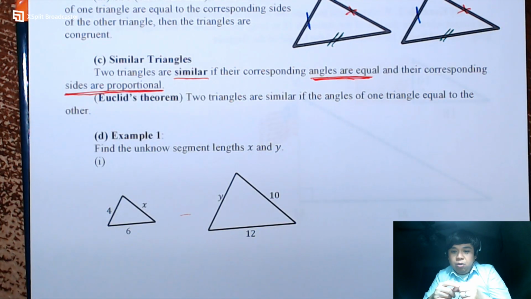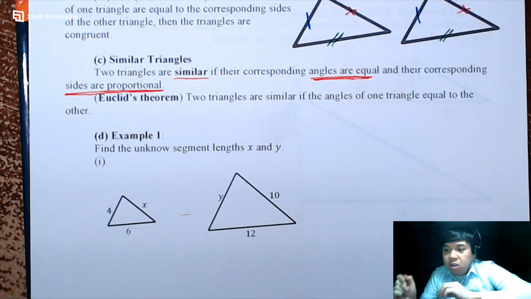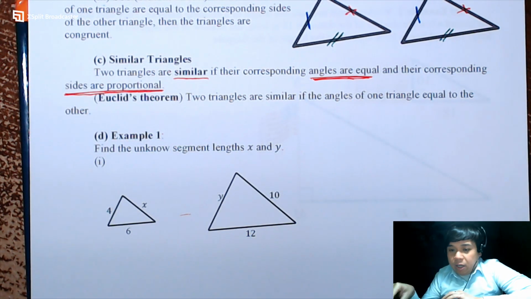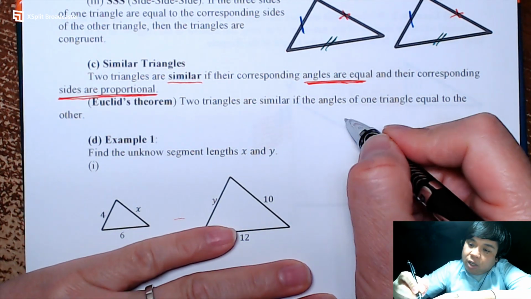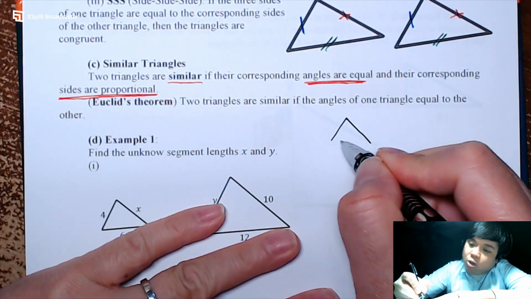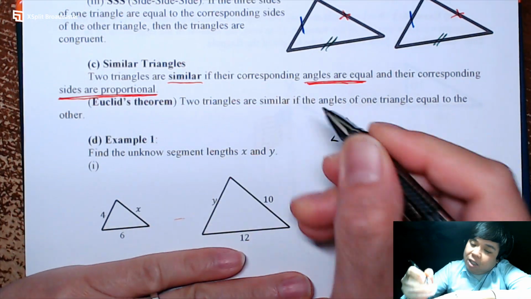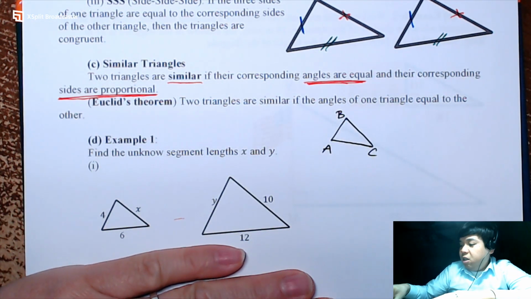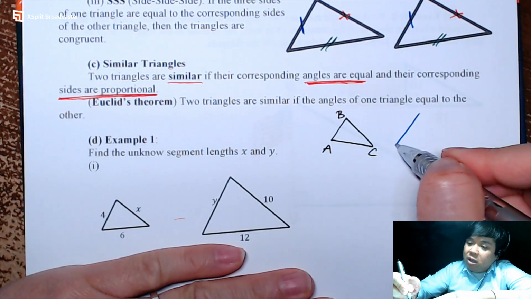Proportional. So for similar triangles, the angles are equal, the sides are proportional, so the ratio will be the same. In that case, I'll give you an example here. We have a very small triangle, let's say ABC, and a bigger triangle, but similar. Okay, I'll try to draw it.